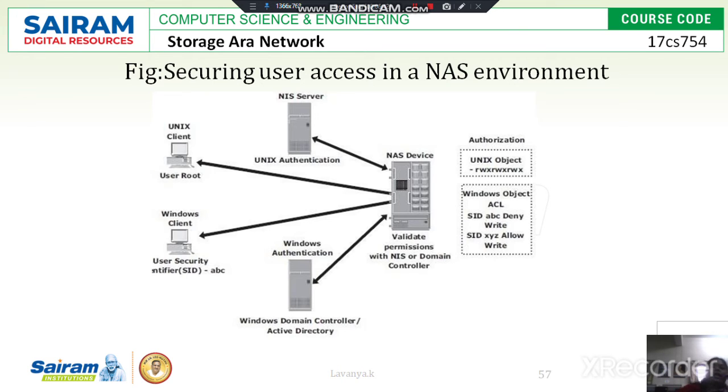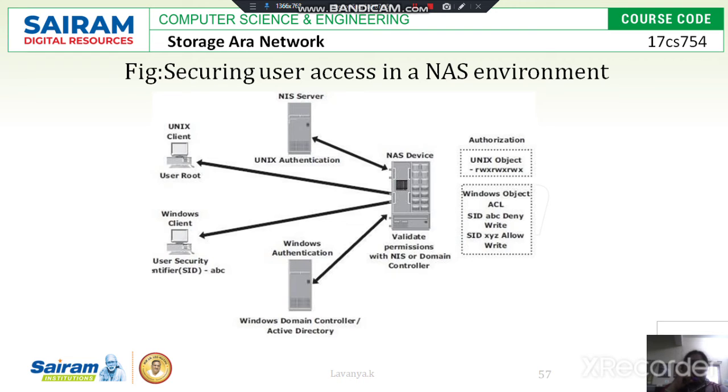Here the Unix client initially accesses the data through the NAS device. First of all, it is going to provide the login credential to the NAS device, based on the network information system server.